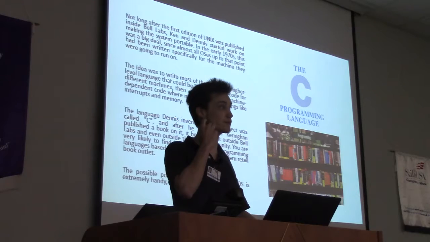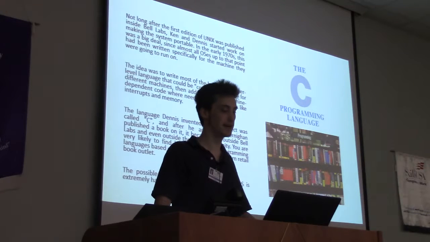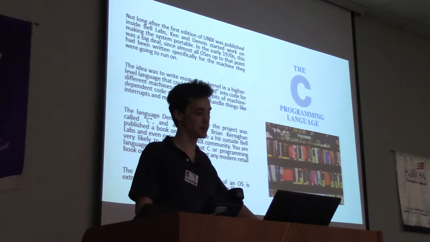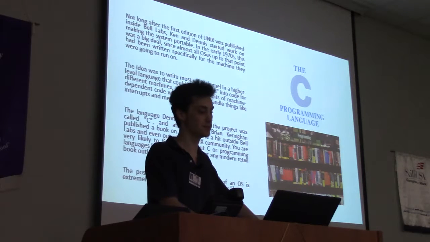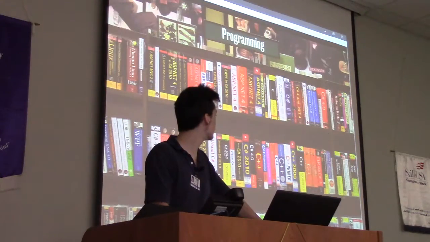I'm sure many of you are familiar with C because, after he and Brian Kernighan published a book on it, it became a hit, outside of just the laboratory and even outside of the Unix community. You're very likely to find books about C or programming languages based on C in just about any modern retail book outlet. Let me pull this image up a bit higher. See, this is just like your standard Barnes & Noble.